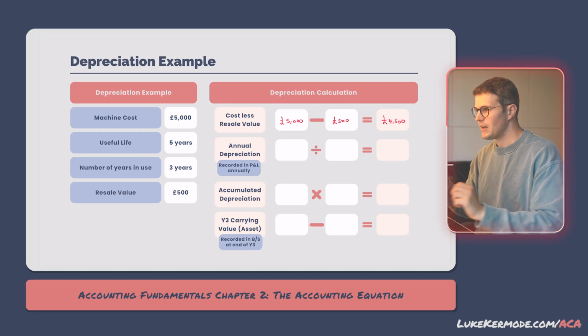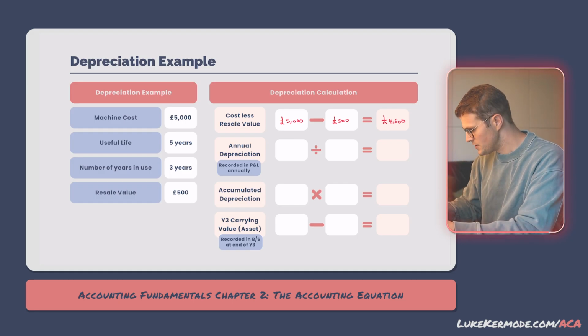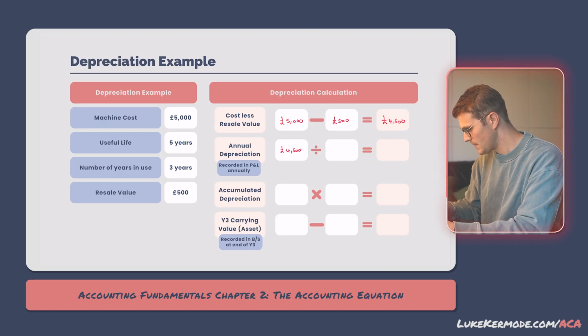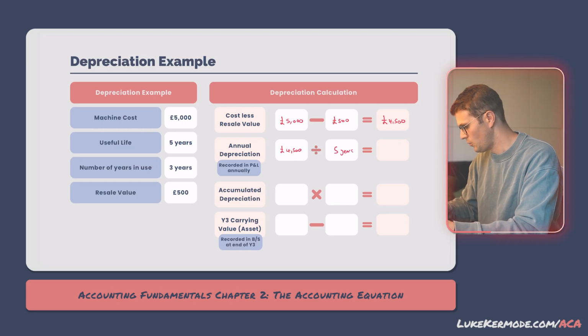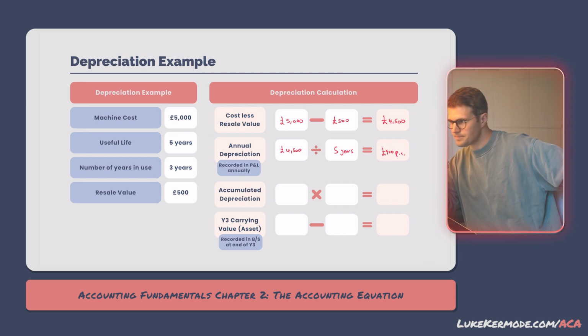We spread that evenly over 5 years. So we take 4,500 and divide that by 5 years. That equals £900 of depreciation per annum.